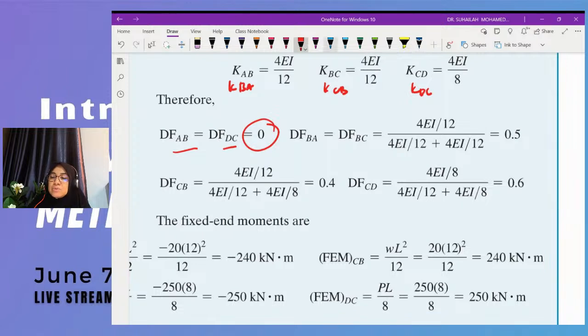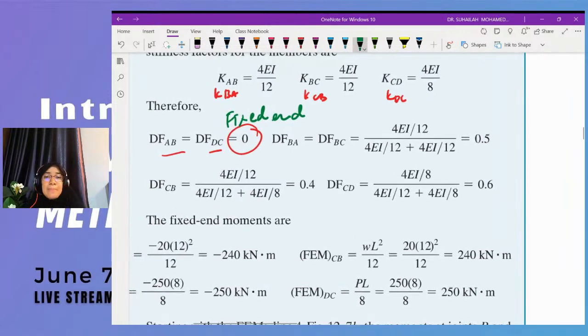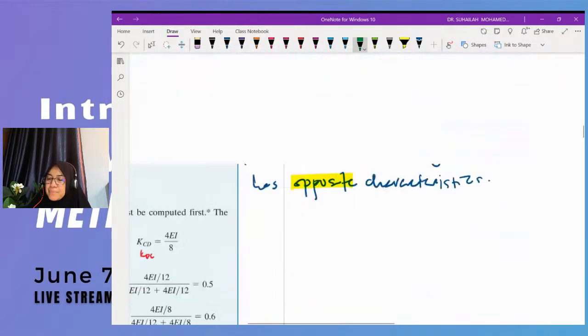It refers to a fixed end. However, for all the internal ones, we have to calculate the value. So there will be distribution factors, DF. Don't remember all this BA, BC, CB, CD, because we have to get them from this.